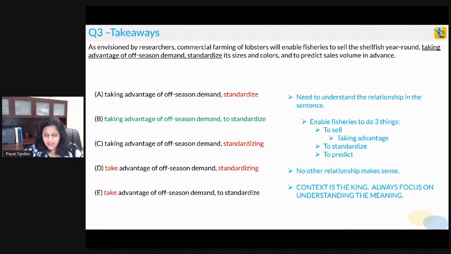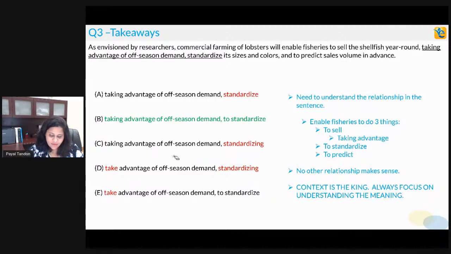So over here, choice B is the correct answer. Let's look at choice C and look at how GMAT actually creates incorrect answer choices: taking advantage of off-season demand, standardizing. Okay, so it essentially means that standardizing is a result of taking advantage. That's not correct, right?